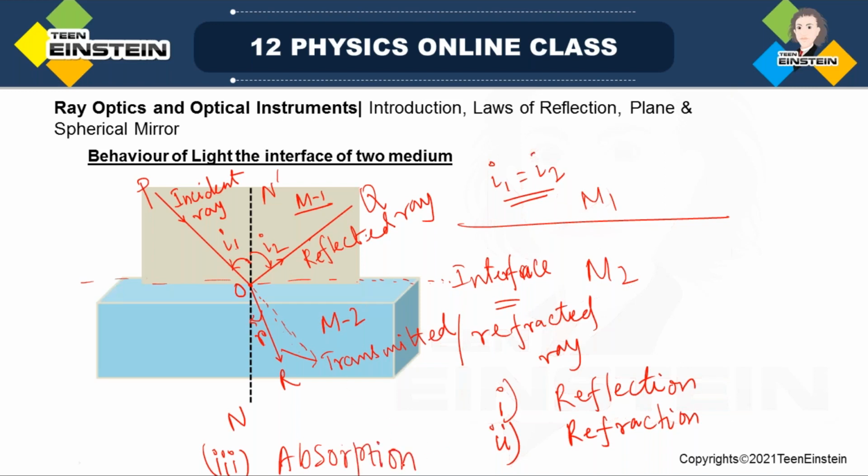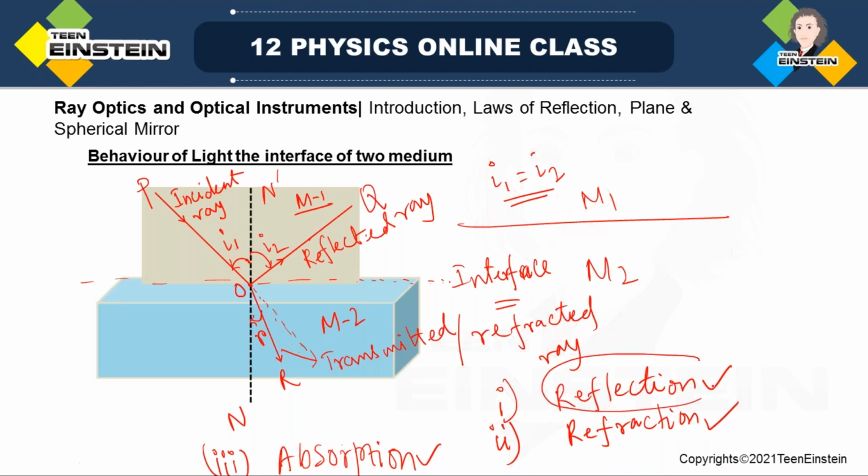Absorption of light, where some of the light will be absorbed by the medium itself. Okay, so there are three things happening when light is incident at the interface of two media, medium 1 and medium 2. One is reflection, another one is refraction, and the third one is called absorption, where the light gets absorbed by the medium itself.